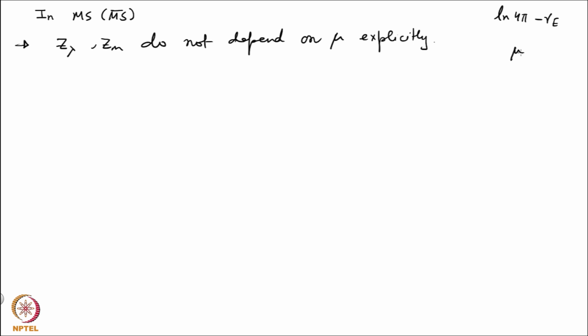So there is no way mr can appear, because if you were to construct some function which has mr, it will be dimensionful. The only way it could have been dimensionless is if you had mu also available to you, then you could have divided by mr, and that ratio would be dimensionless. But that is not there, so it also does not depend on mu.